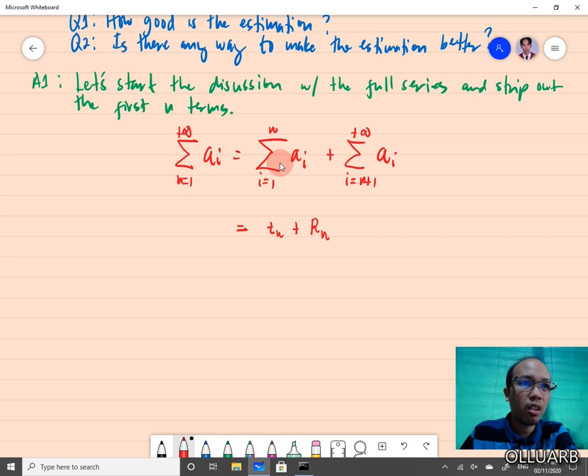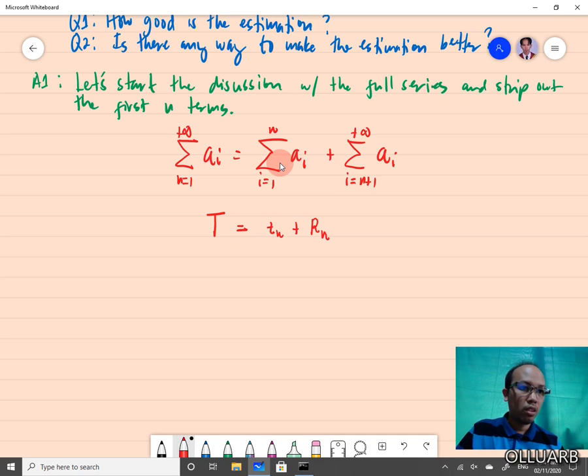This r sub n is what we call the remainder or the error. And we assume that the series is convergent, so the series on the left hand side converges to t. This will not work if the series is not convergent, so please remember that.